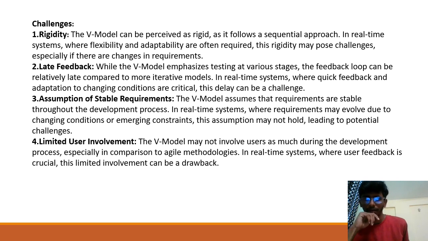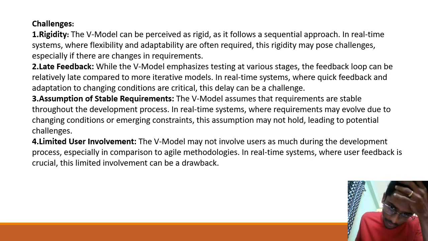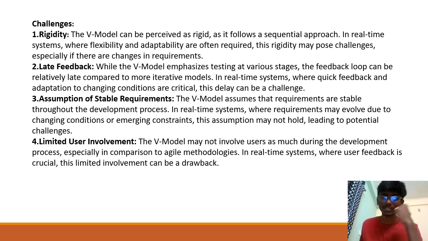The V model emphasizes testing at various stages, so the feedback loop can be relatively late compared to more iterative models. The V model assumes that requirements are stable throughout the development process. The V model may not involve users as much during the development process, especially in comparison to agile methodologies. These are some of the challenges with the V model.